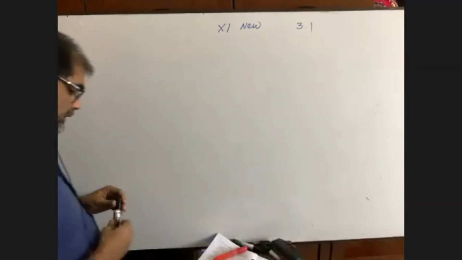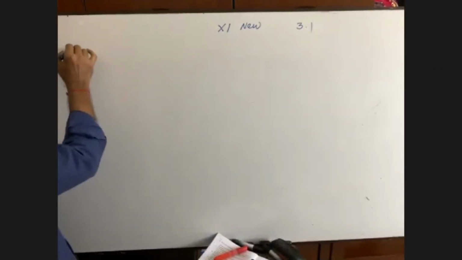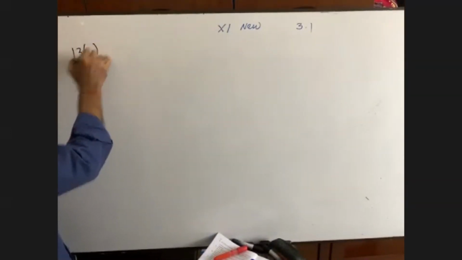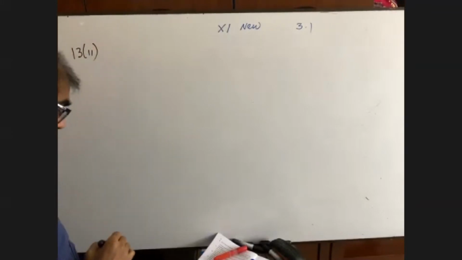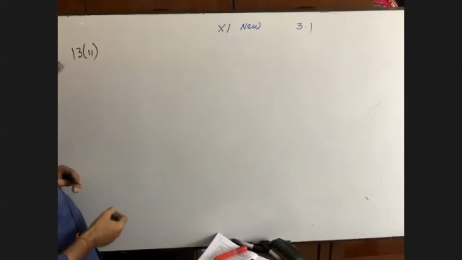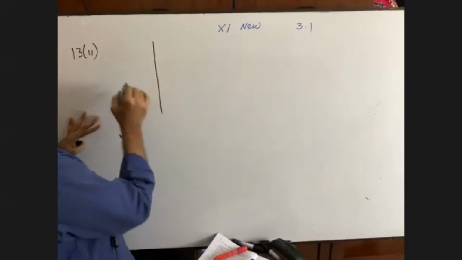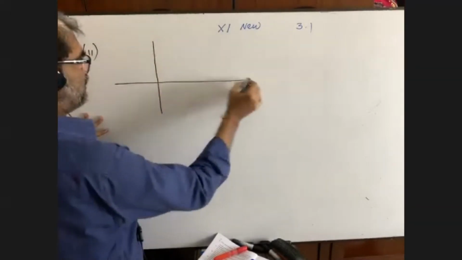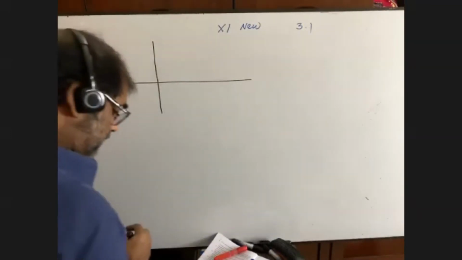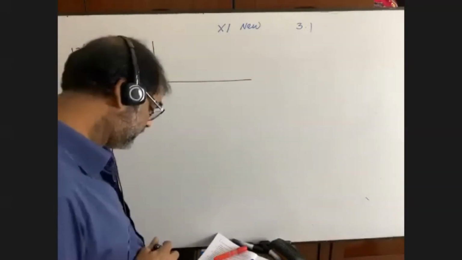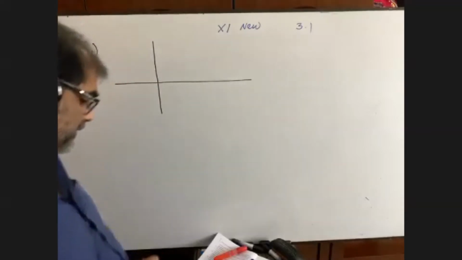Next question, 13.2. The distances are the same: 4k from the x-axis, (4, k), and (-5, -7).